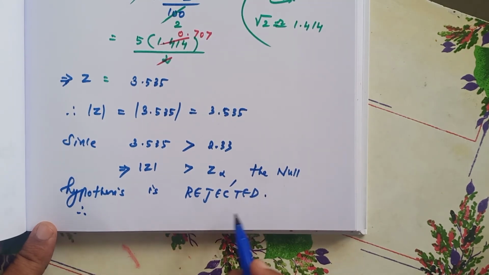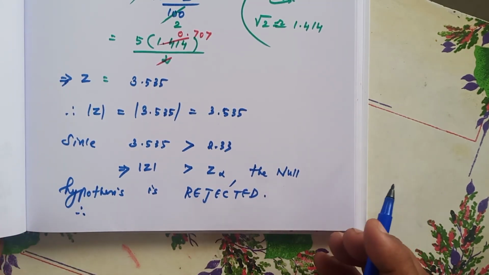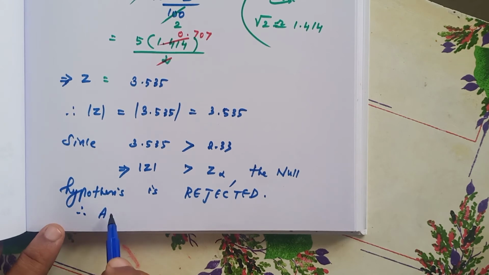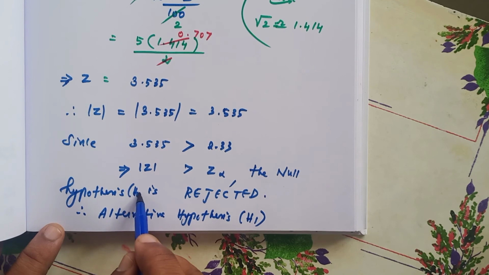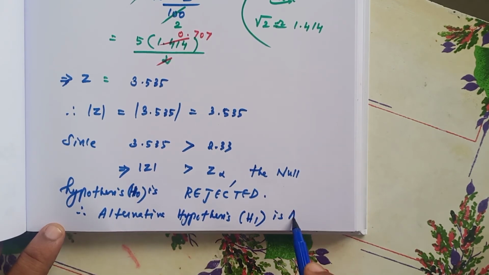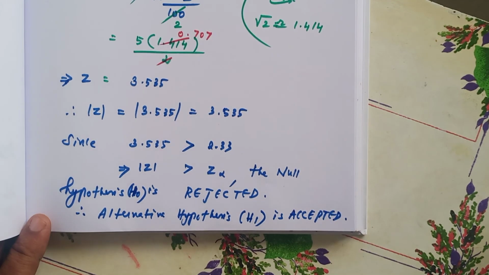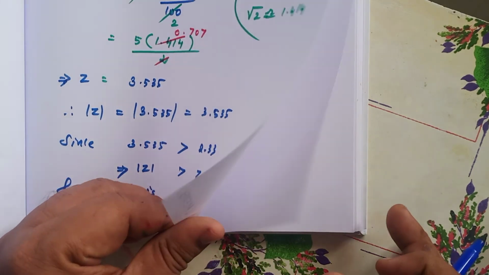Therefore, which one is accepted? The alternative hypothesis is accepted. Therefore, the alternative hypothesis H1 is accepted and the null hypothesis H0 is rejected. Finally, write the result, that is the inference.